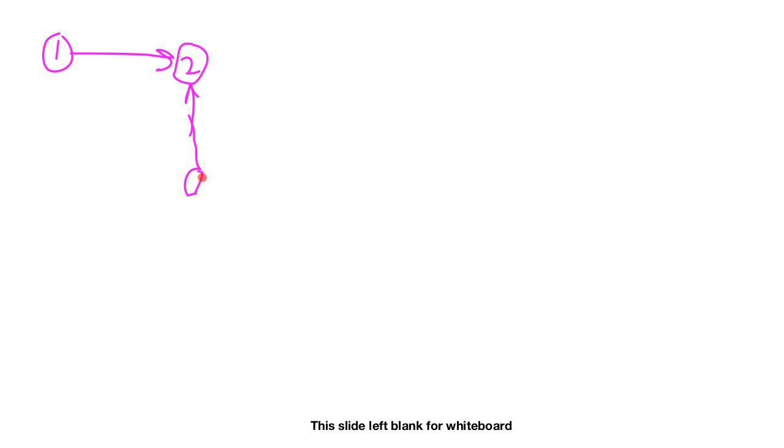This one is supposed to be 3. Maybe we can have another one. So it depends with the routes that you want to have. You can have your own route, which is 4.